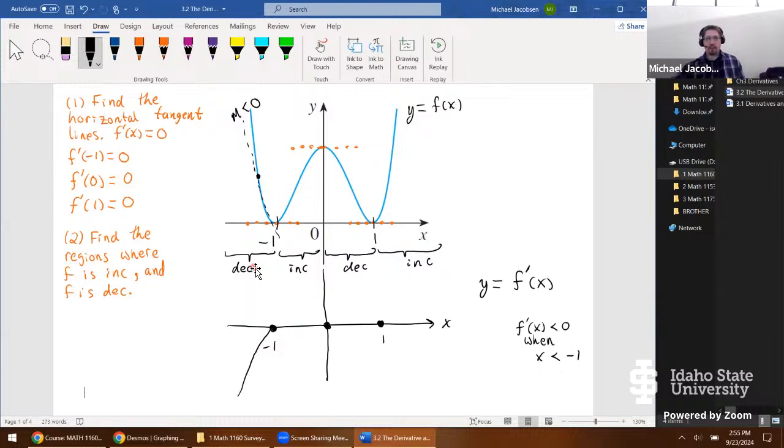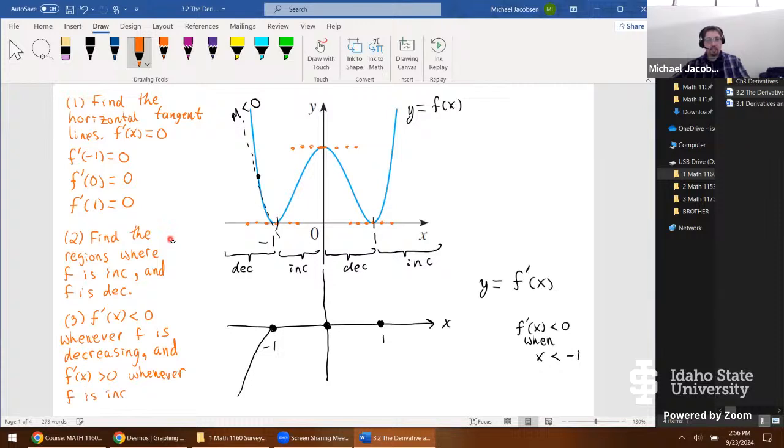Okay, I feel like we should call this an official third step, so let's do that right here. Once we found the regions where f was increasing and decreasing, we can now say f prime of x is less than 0 whenever f is decreasing and f prime of x is bigger than 0 whenever f is increasing.